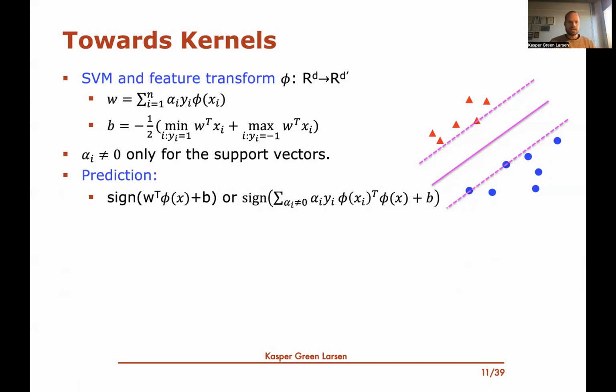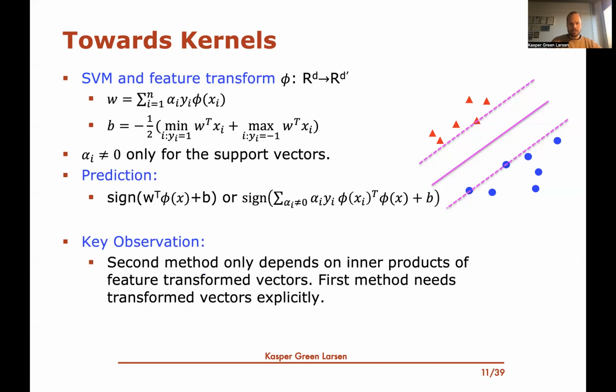Okay, so this is just SVM with a feature transform. We know that W will look like this, and we know we can make predictions in these two different ways. Now, one really important observation that we will make use of is that the second method, the slow version of it, only uses inner products between feature transform vectors.